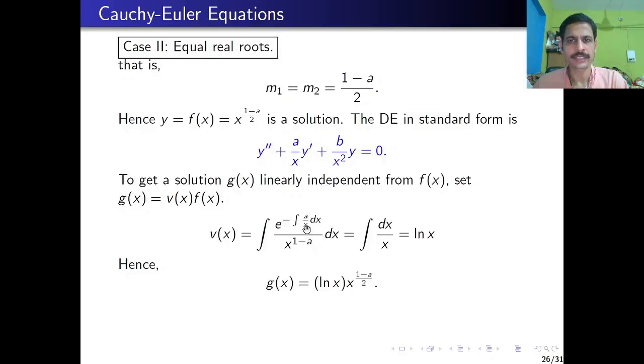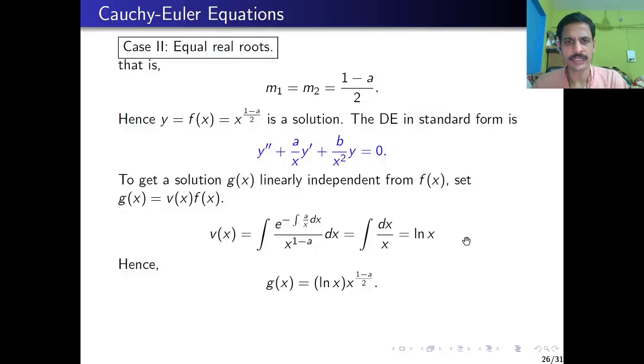Since x is greater than 0, in the numerator we have 1 by x raised to a. So this together with the denominator gives us 1 by x. So the integration of dx by x is equal to ln of x. So we have determined that v(x) is equal to ln of x.